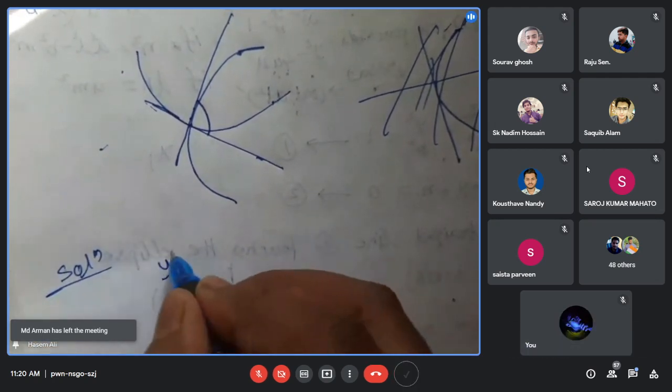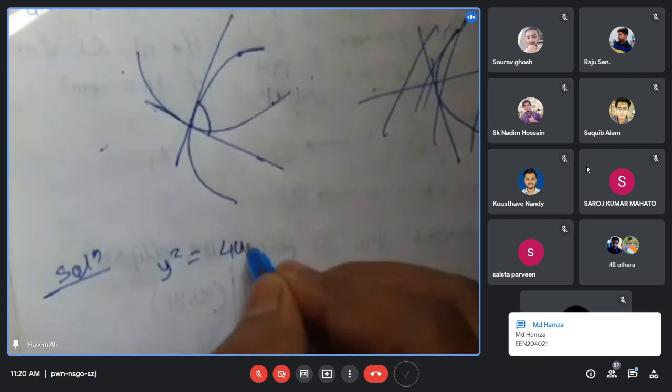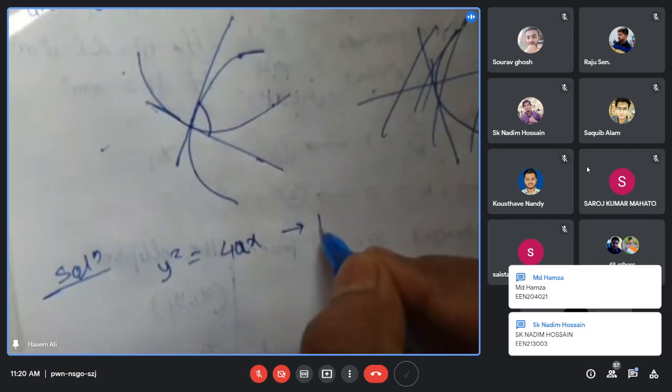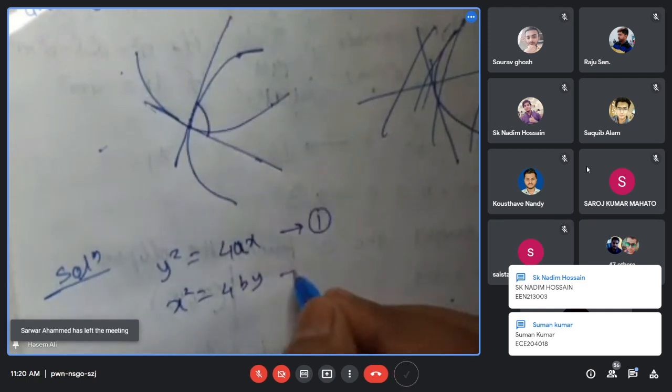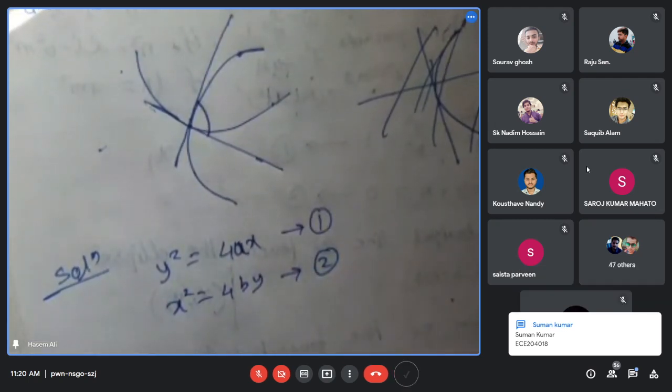That is y square equals to 4ax, this is our equation 1, and x square equals to 4by, this is our equation 2.